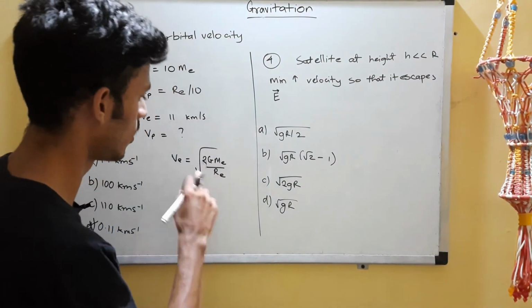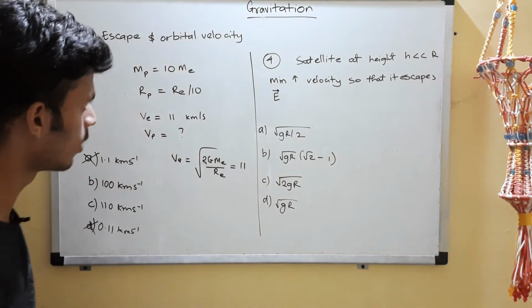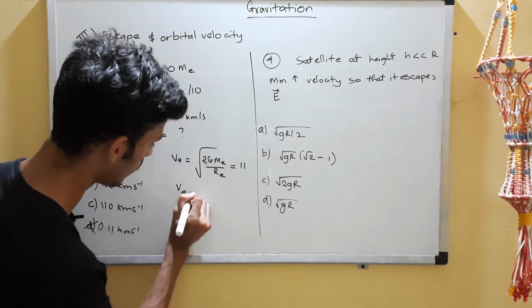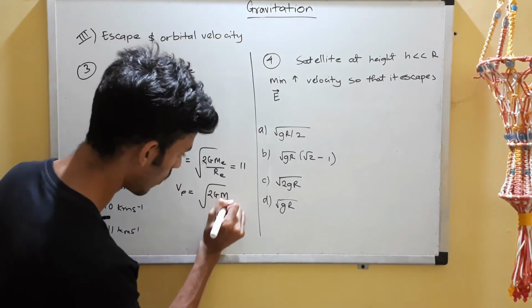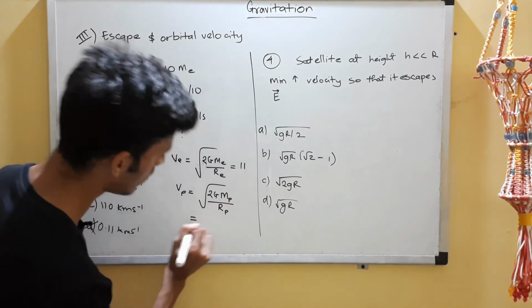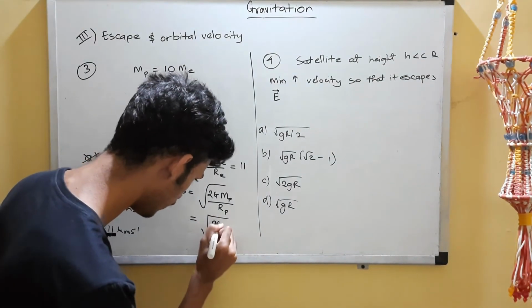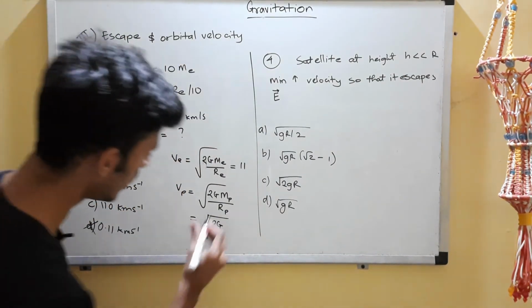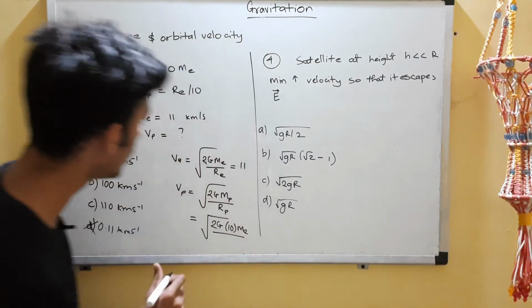So escape velocity of Earth is given in this way, and we are told that it's 11 kilometers per second. Now escape velocity of this planet will be similarly 2GM, now mass of this planet divided by radius of this planet. Now let's substitute it in this way. So 2G, mass of that planet is 10 times the mass of Earth, and the radius of that planet is 1/10.